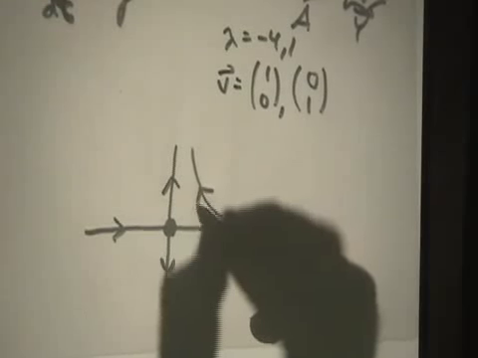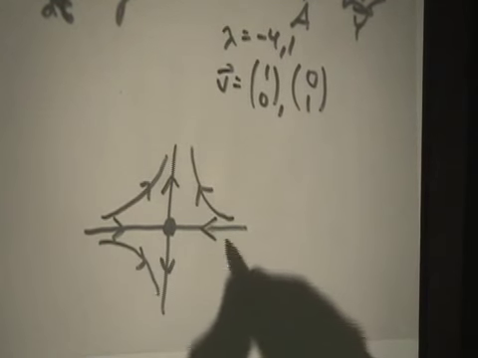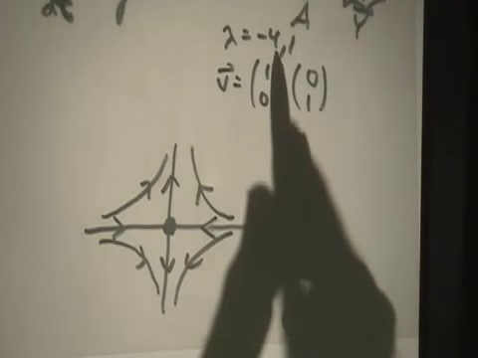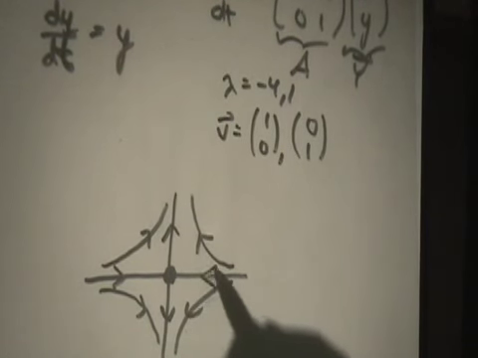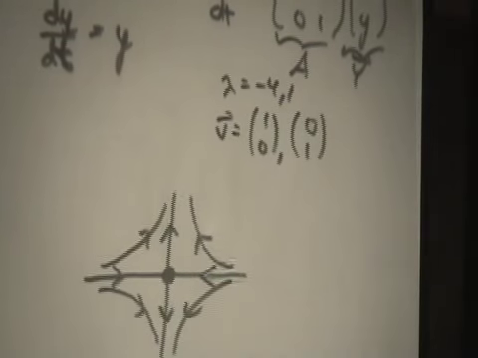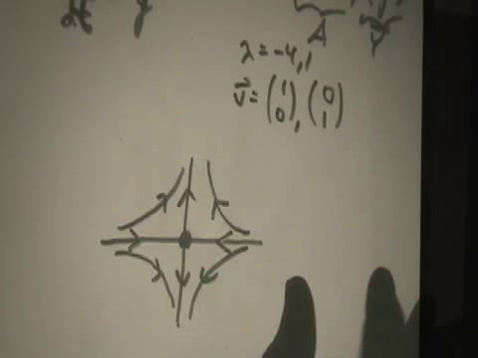This is your prototypical saddle point. You could probably draw this a little more accurately, realizing that negative 4 is much further away from 0 than 1 is. Probably what really happens is these go in toward the y-axis faster than they move up because of that. But I won't worry about that.